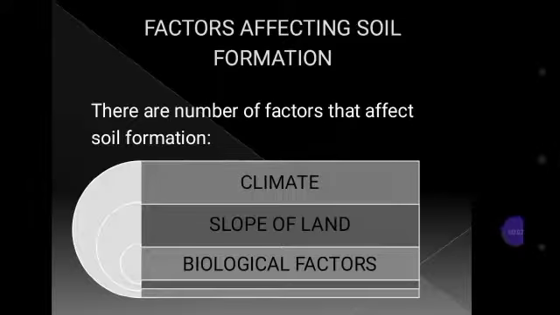Number 1 factor is the climate. Climate largely affects the soil formation. Climate has three main parts, that is the wind, rain and temperature. These factors also affect the weathering of rocks. Wind displaces sand and other particles from one location to another.